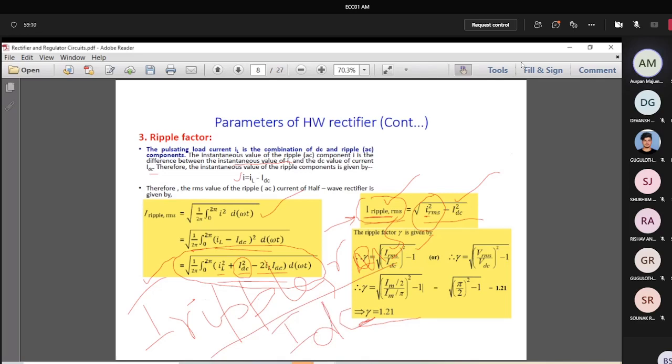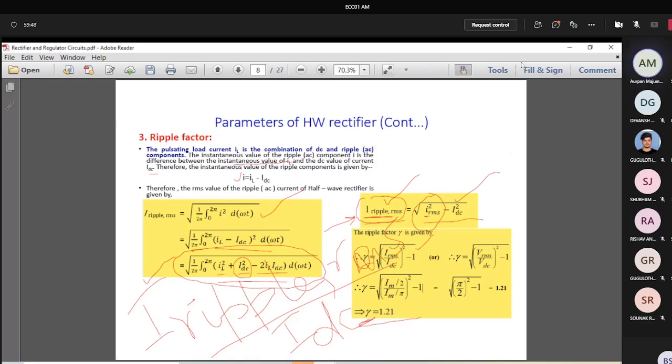It means whatever is the pure AC component at the output, that is the load current, what is the root mean square value of that pure AC component? When compared with the DC level of the load current, that is the ripple factor. It is the ratio of the RMS value of the ripple part, the pure AC part, to the DC part of the load current.